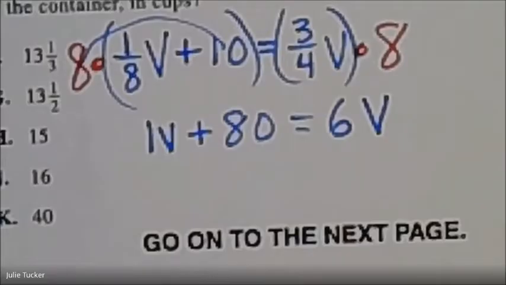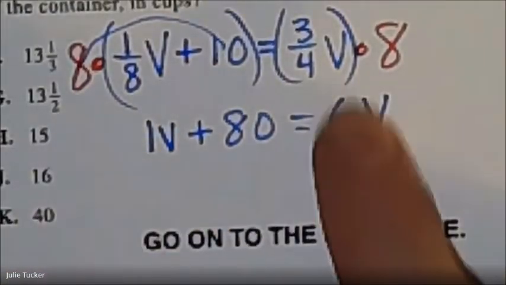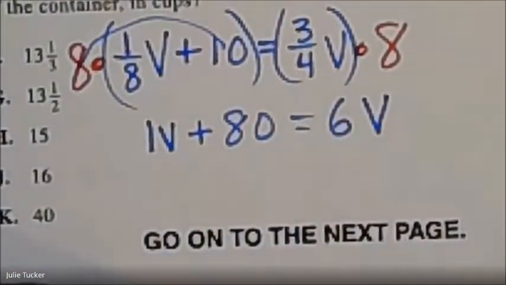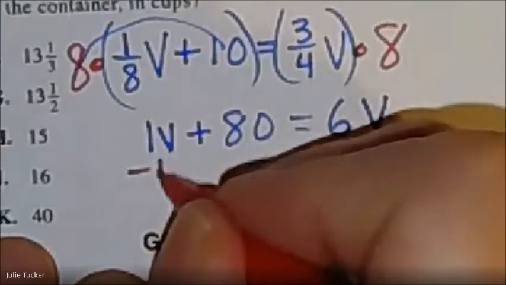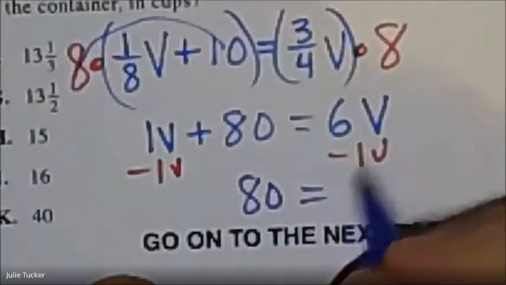Do what to 6V? Minus it. Okay. If I do that, I'm going to have everything on the same side, and I'm going to have a 0 over here. No. What I really want to do is minus the 1V. That way I'll have all numbers on one side and all variables on the other side.